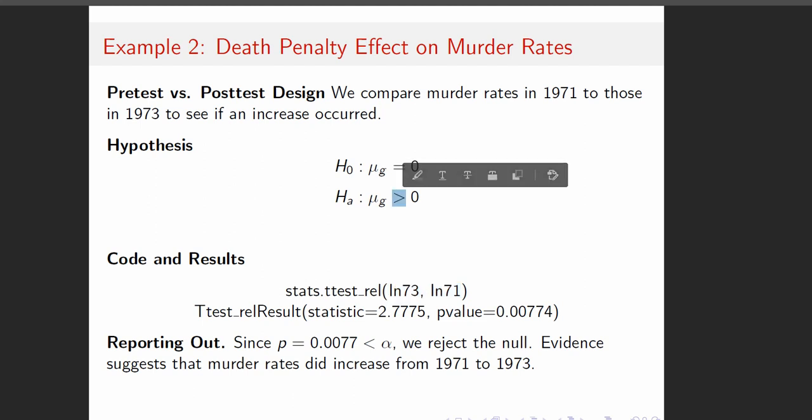Now, honestly, if we do pre-test versus post-test and we're helping runners train for a race, we want the post-test scores to be lower. We want the times that it takes them to complete the race to be lower. So you have to think carefully in pre-test versus post-test what actually is an improvement. Usually it's an increase, but often it's a decrease. Okay, so let's take a look at how to do this.